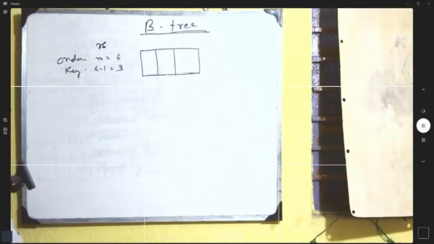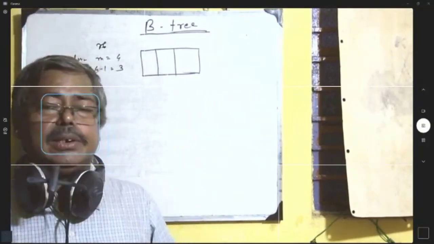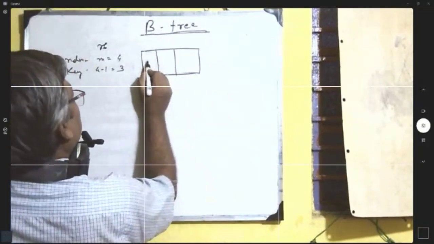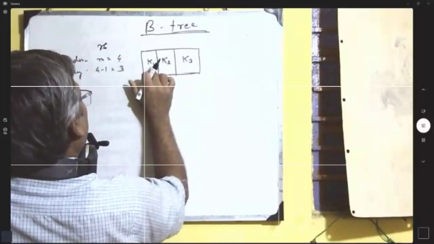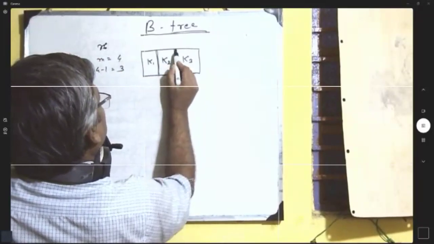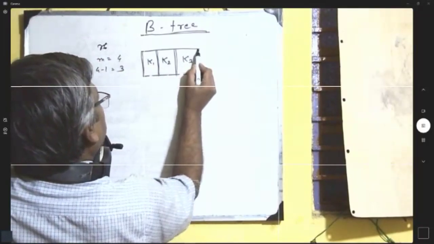X is the key I want to insert at the root node, so X will be compared. Suppose the keys are K1, K2 and K3. X will be compared with K1, and there are also other parts for the record.